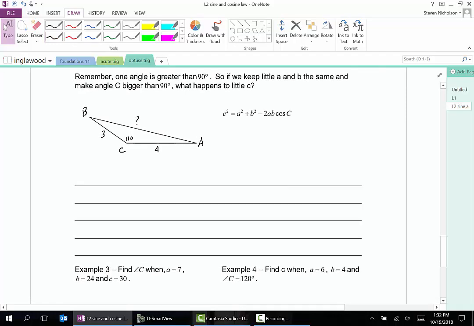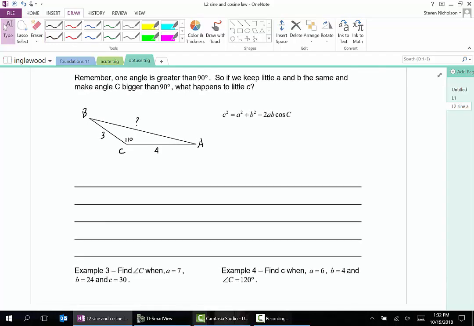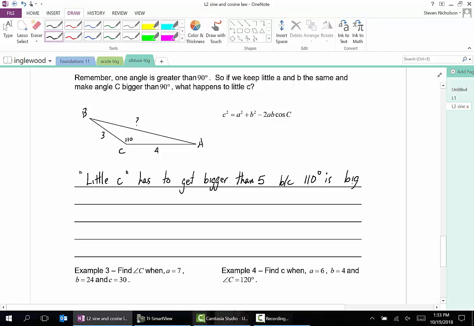We're going from 90 to 110. I mentioned earlier about an elastic band. That elastic band is stretching. So little c has to get bigger than 5, because 110 degrees is bigger than 90 degrees in our right triangle.